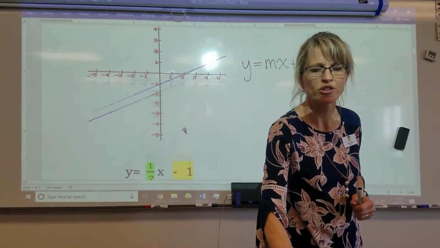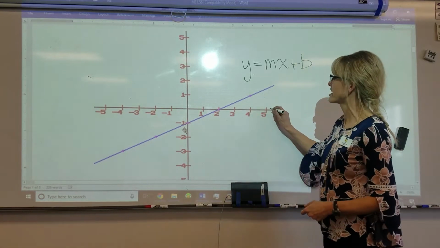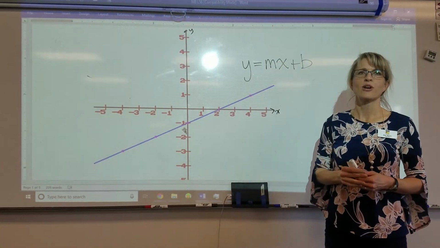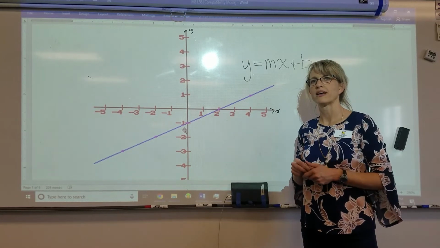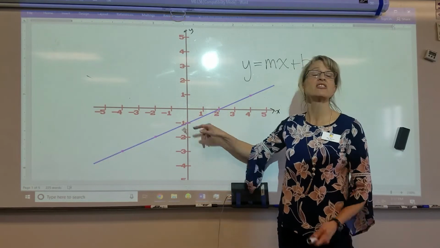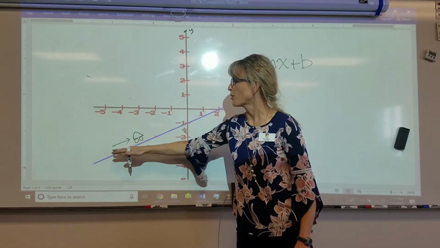Let's look at this graph right here. Where does the line go through the y-axis? Here's x. Here's y. So where does the line go through the y-axis? Maggie. Madison. It's been a break. It goes through right here. This is what I showed students to help you remember. Your car always drives left to right.